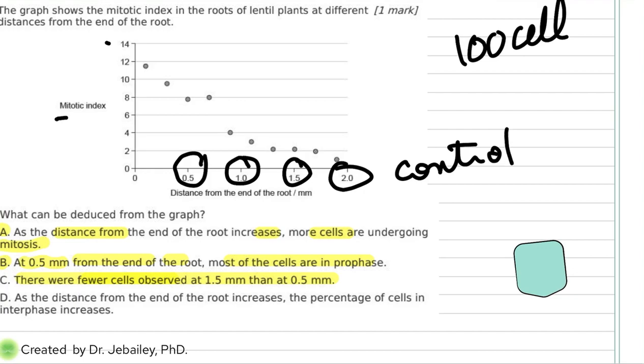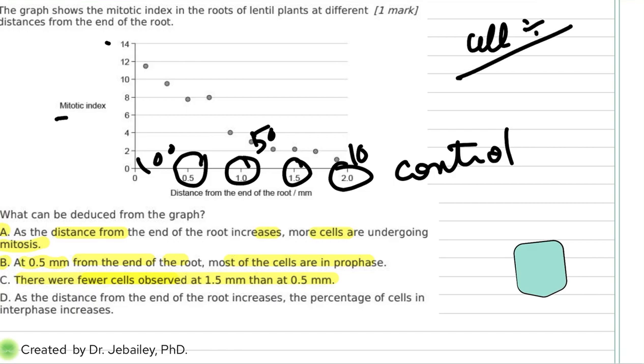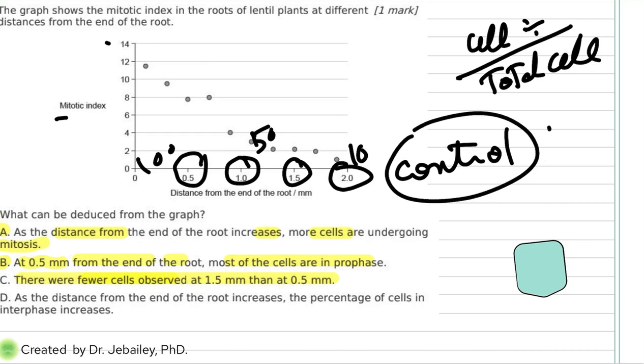If you look at 100 cells here and 50 cells here, of course the mitotic index is going to come out different. And if here you're only looking at 10 cells, it doesn't make sense. Going back to the equation, the mitotic index is the cells that are going through cell division over the total number of cells. So to keep it controlled, all of them should have the same total.